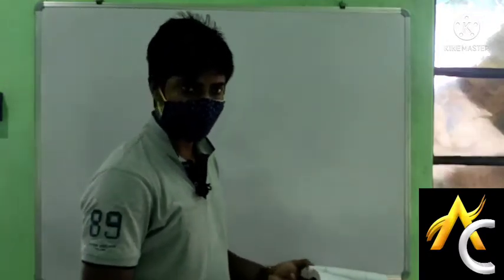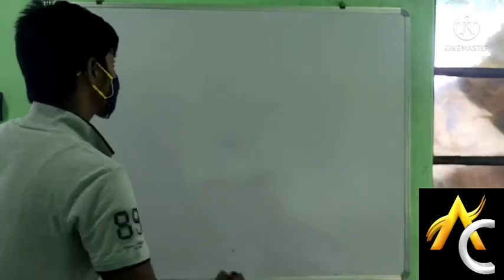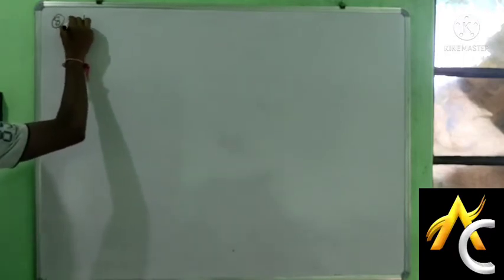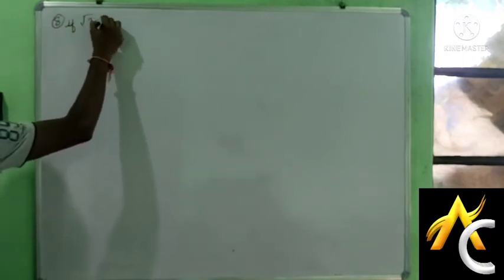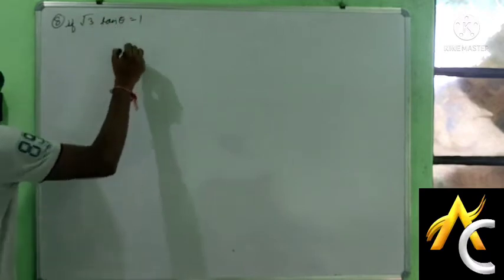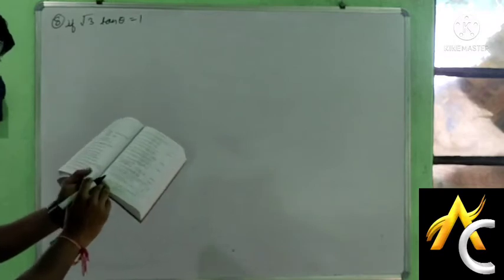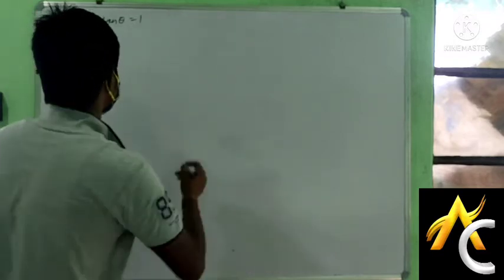Question number 7 is similar, so we are going to solve question number 8. Okay, and the question number 8 is, if root 3 tan theta is equal to 1, then we have to find the value of cos square theta minus sin square theta.